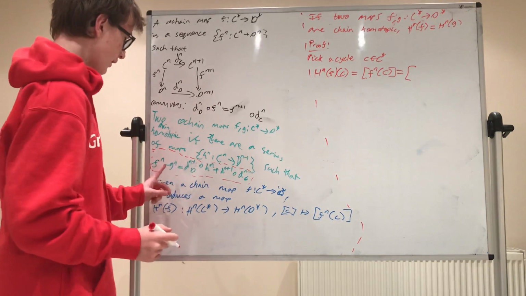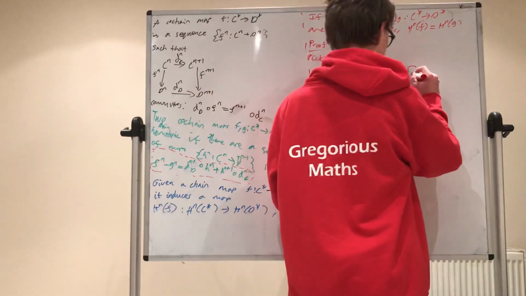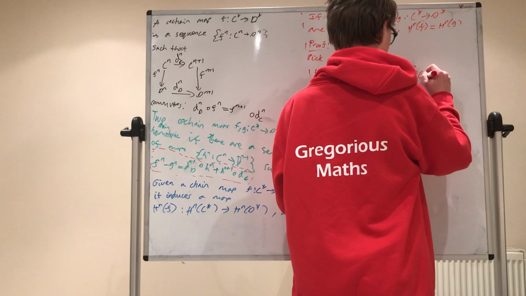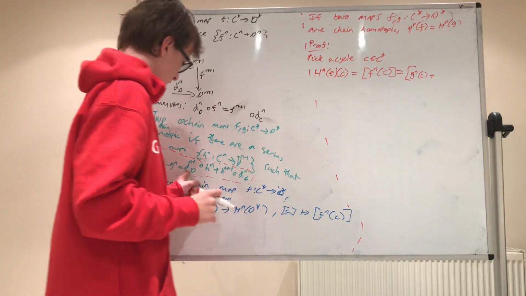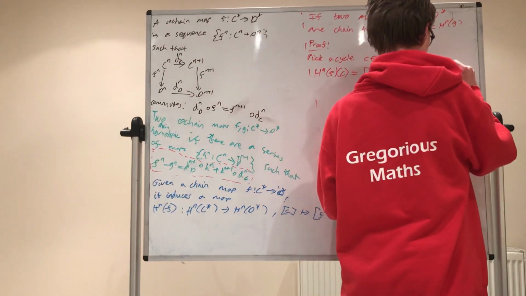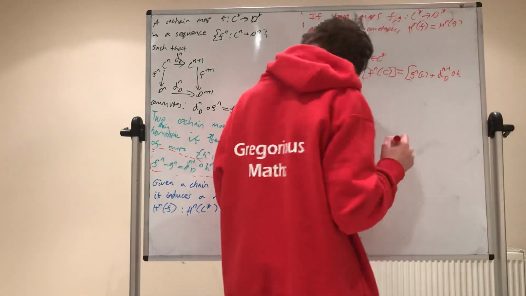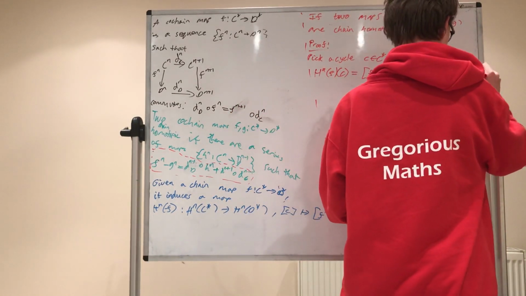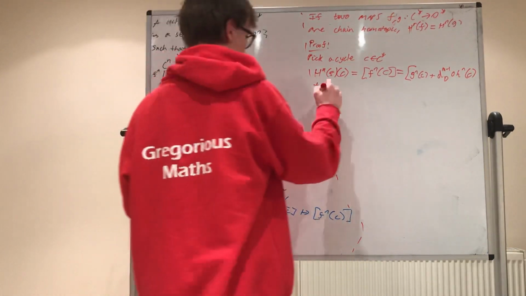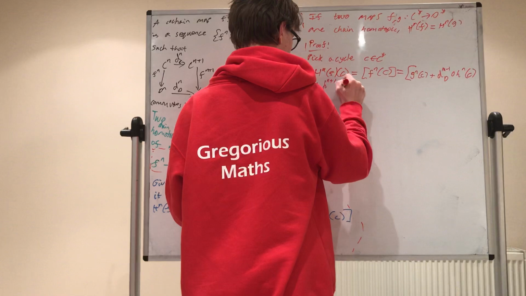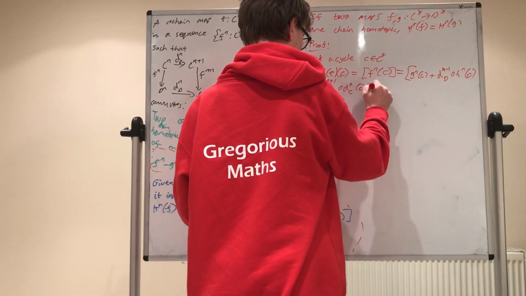If we add Gn to both sides, we're going to get Gn applied to C plus dn minus 1 composed with hn of C plus hn plus 1 composed with dn, the differential in C, applied to C.